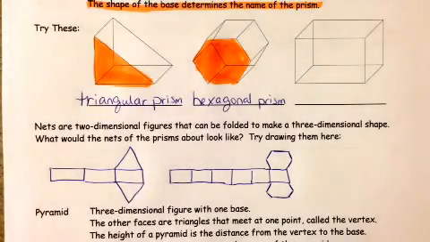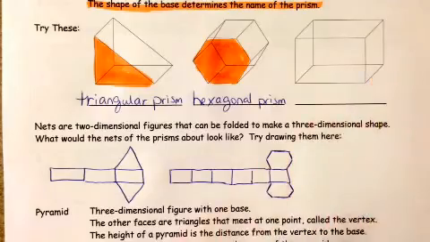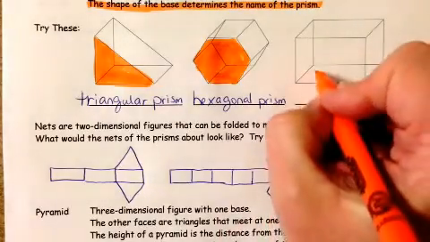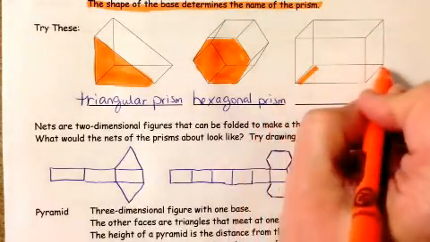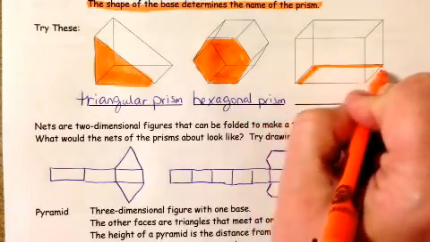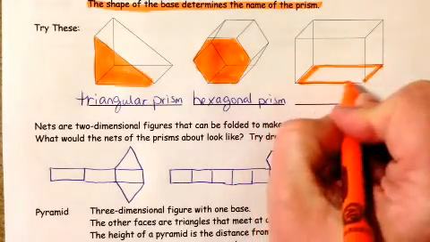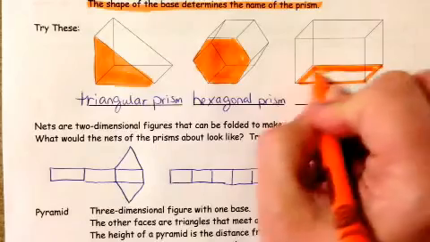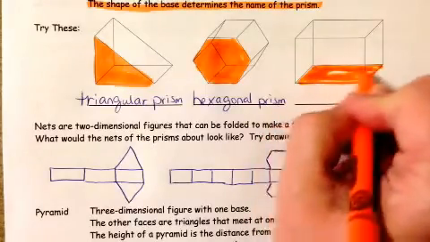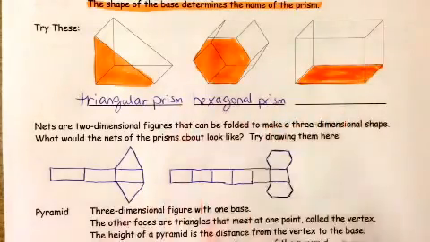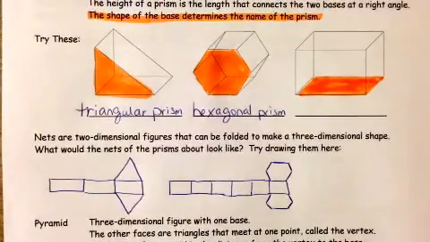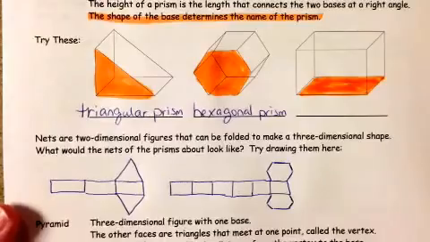Our other shape, as we can see, is made up of rectangles. It's going to have a rectangle base. Highlight in your rectangle base. Because it has a rectangle base and all of the other faces are rectangles, it is a rectangular prism.